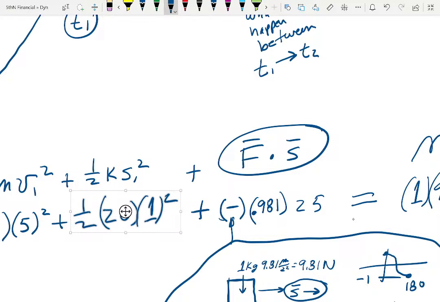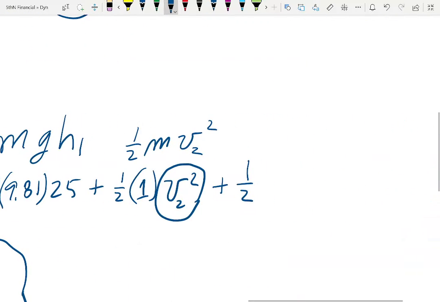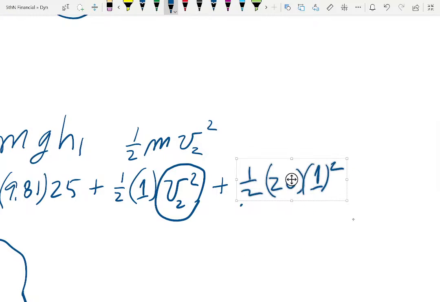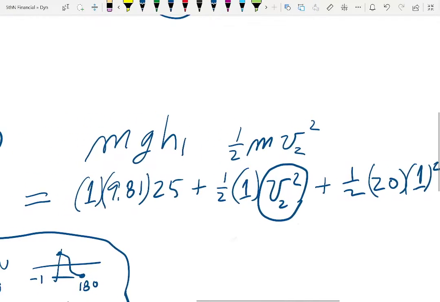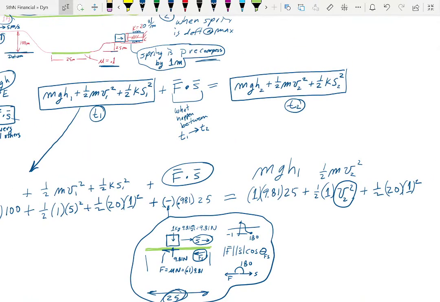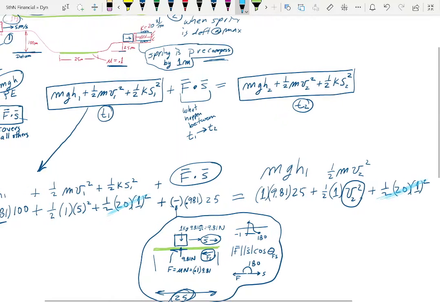So I'm going to copy that thing and put it right there, to the bottom of this thing. I'm just copying it. So what do you have? You have everything here. The first thing you'll notice is this term right here is going to cancel that term, because it's pre-compressed at the same level.